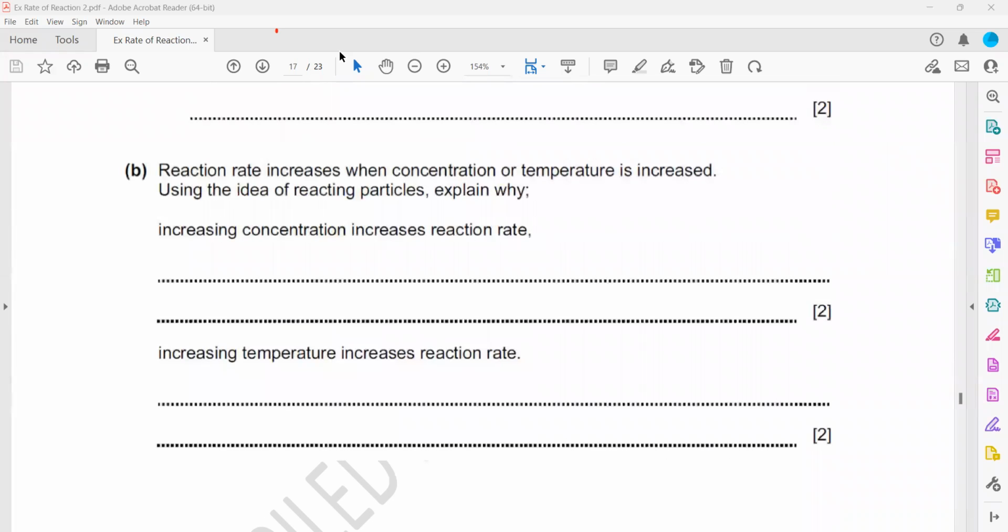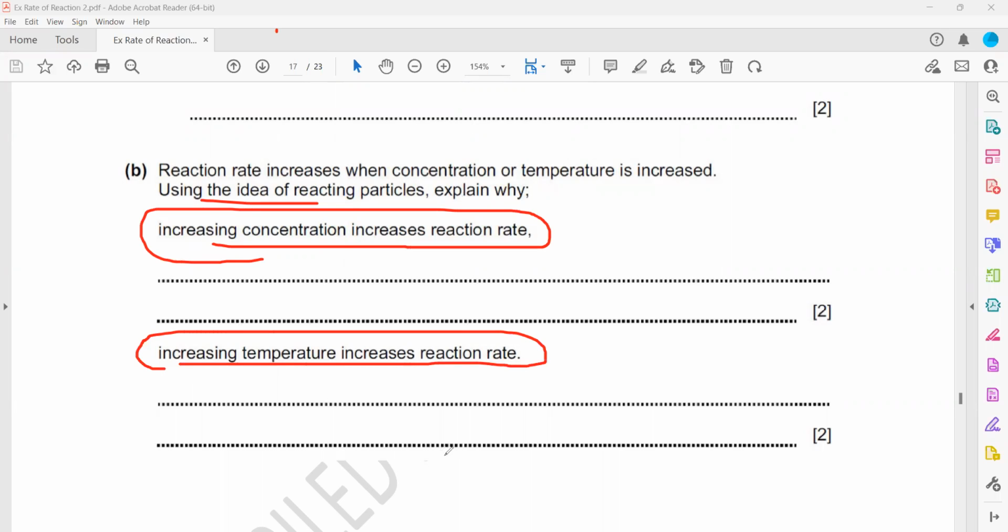The reaction rate increases when the concentration and the temperature increase. Use an idea to explain why increasing the concentration increases the rate. So increasing the concentration means more particles, more collisions, more successful collisions, and increasing the temperature increases the kinetic energy. So increasing concentration increases the amount, which means more successful collisions, thus the rate increases.